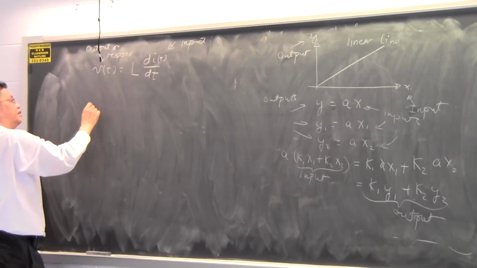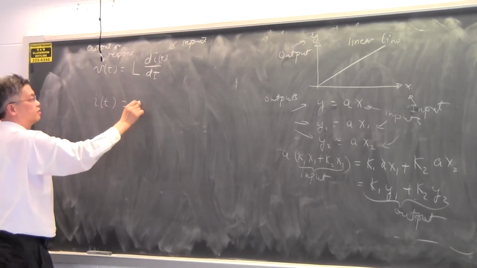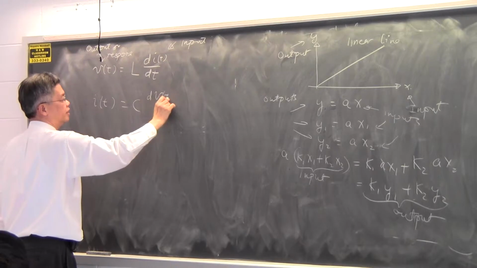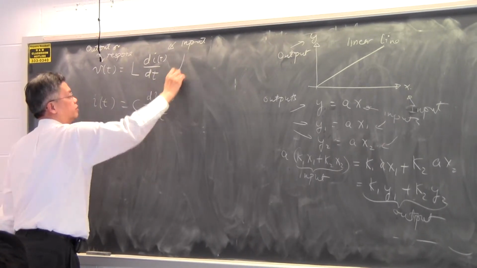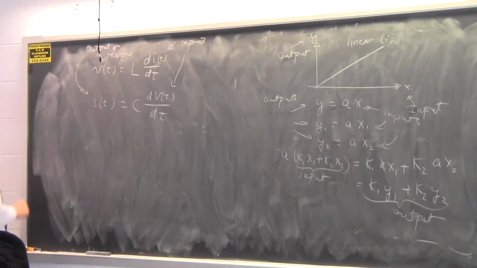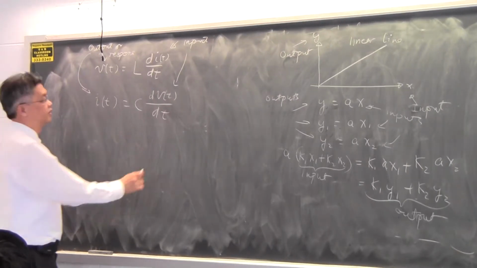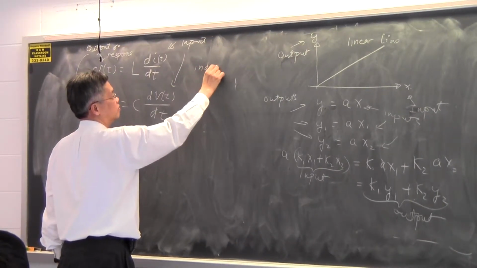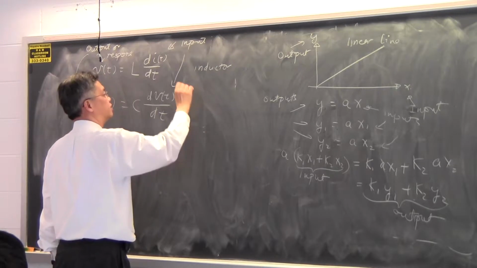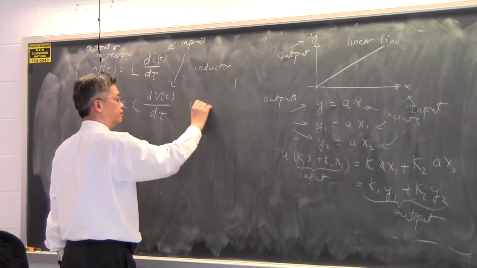And then we can have the other one, which is i(t) is C dv(t)/dt, where this would be my input and this would be my output. Okay? And this, of course, describes an inductor, and this describes my capacitor.